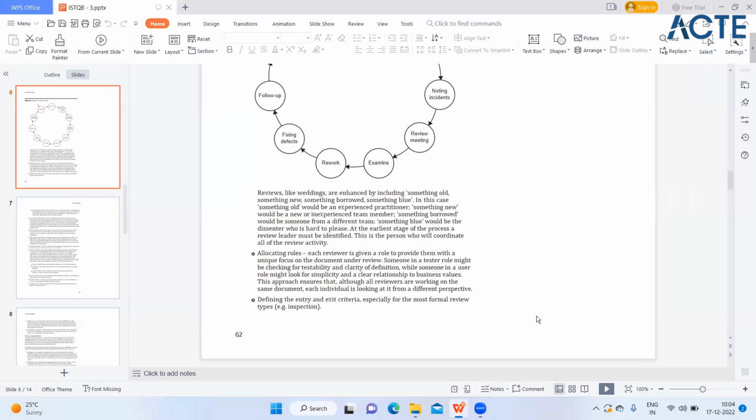So they are saying like the same document or the same page, everyone will look according to their perspective. For example, a tester will review that document from a testing point of view, whatever they are thinking and whatever approaches they have in their mind. While for example someone at the stakeholder level will review it in the simplest way, or maybe you have some kind of architecture diagram to review.